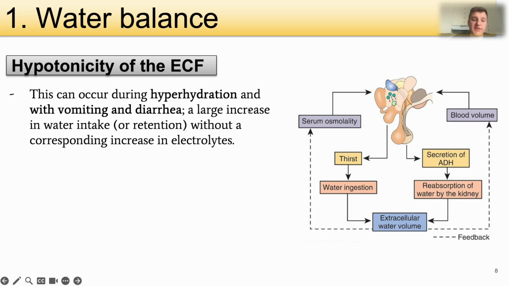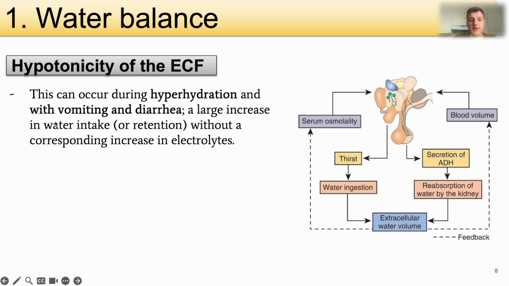In a hypotonicity situation of the ECF, think of it: this means that you have a lot of water on the outside of the cells, but you don't have much solutes. This can occur during hyperhydration if you drink too much water, and with vomiting and diarrhea, because you release water and also ions equally.